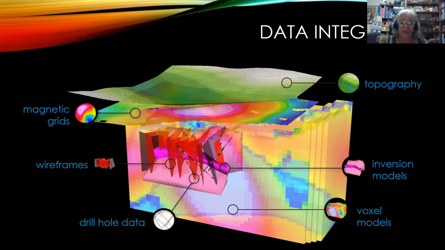And finally I come, I think I put too many slides here, but I'll try to go through all of them. My time is almost ending, but I'll try to go to the end. So, data integration. Data integration is key. You have to use all the data you have: the grids, the topography, the inversion models, the models that you've done with wireframing or other geological models from the drill hole data, all the voxel models.